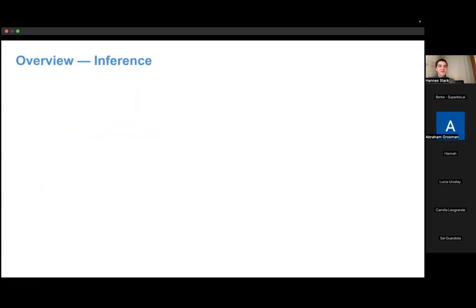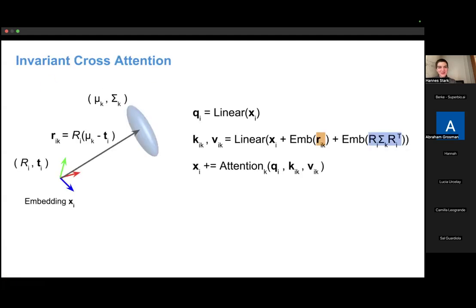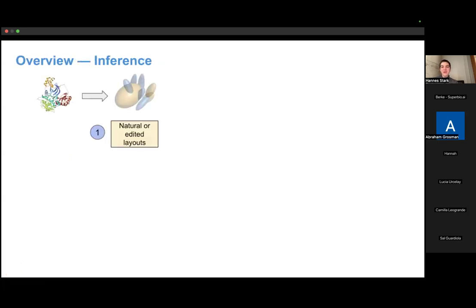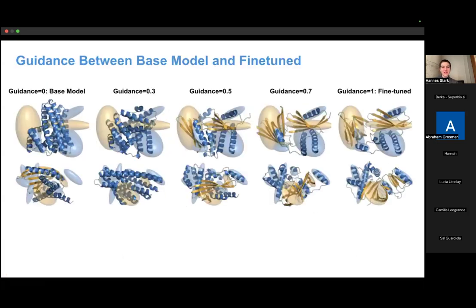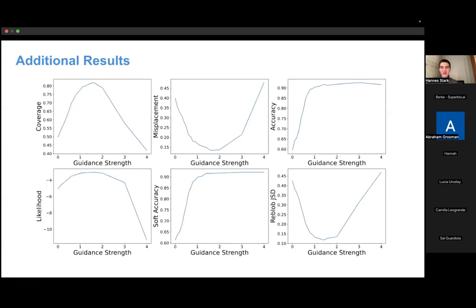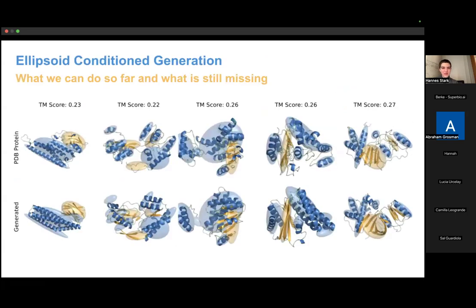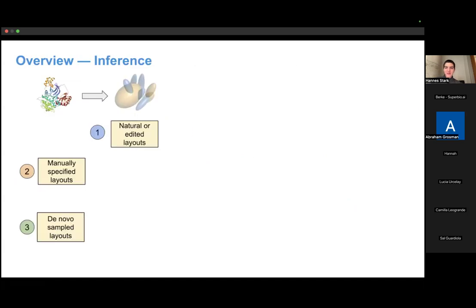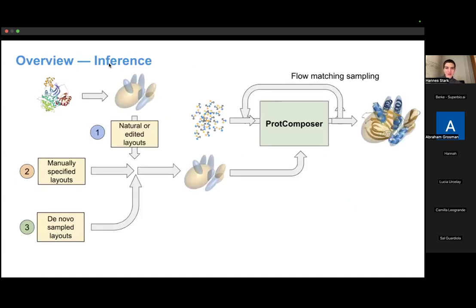Okay, we're dealing with ellipsoids in both scenarios, but I'll now just assume that we're talking about the scenario where we have some input to our generative model, like this here, where we have some ellipsoids that overlap with each other.